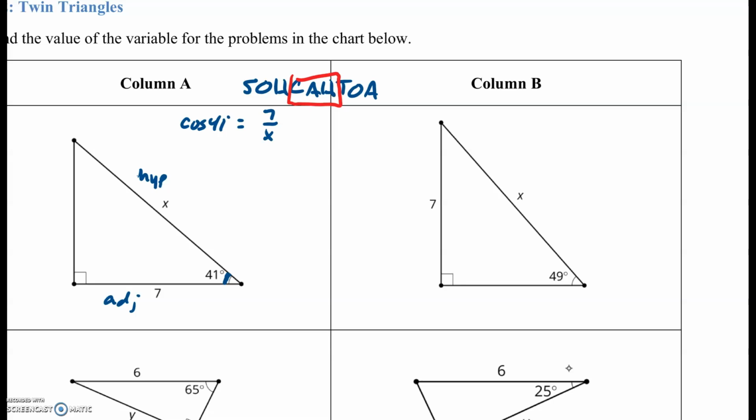Remember, anytime I have a variable and a fraction, I get rid of the denominator by multiplying both sides of the equation by it. That cancels the x on the bottom, and on the left-hand side I have x times the cosine of 41 is equal to 7. Now I divide both sides by the cosine of 41 degrees, and I get x is equal to 7 divided by cosine of 41 degrees.